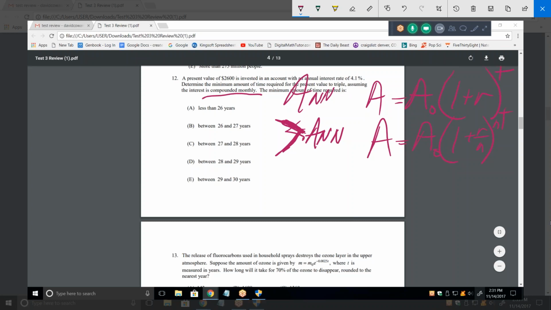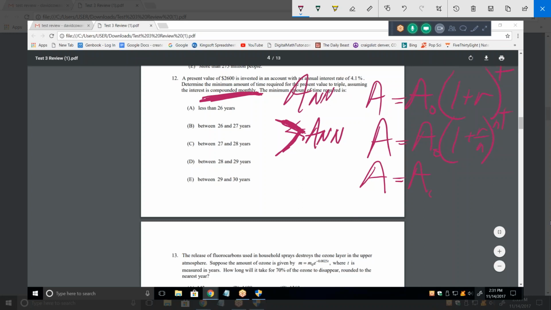N is the number of times per year they are compounding. So in the question, they're saying interest is compounded monthly. So what's my equation going to be? In other words, it's not quite this general, but it's still general.